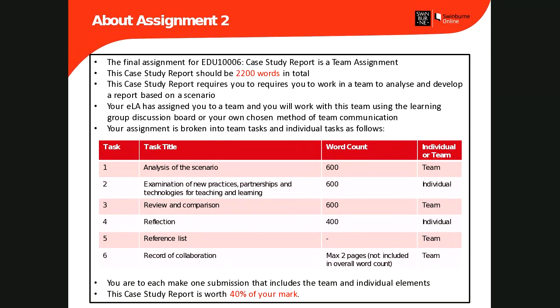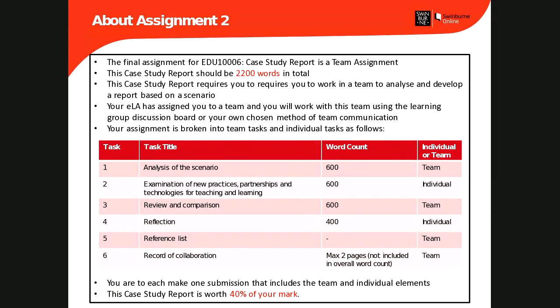So that's where you're going to break down the scenario that you've been given, start looking at the issues that are arising from the scenario, and start looking at how the teachers are planning on approaching the issue, which is the fire at the coal mine, and how they're going to work around it, and whether you think they're using some 21st century teaching and learning approaches.